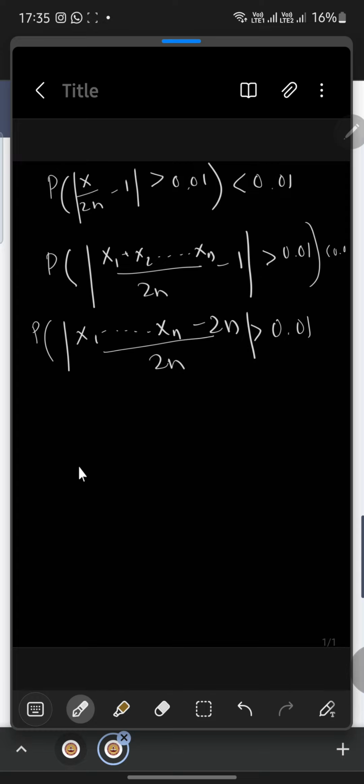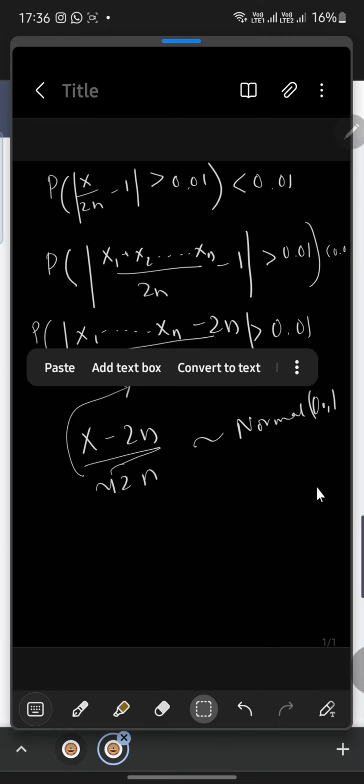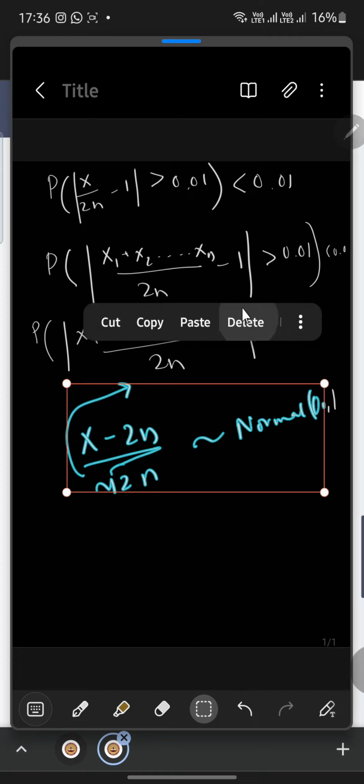So to make it simpler, we need to convert this whole value to x minus 2n by root 2n, to make it a normal 0 comma 1 value, as we did before, right? From the previous statement. So to convert this into that, I'll be multiplying the whole equation by root 2n. Wait a minute, yeah.